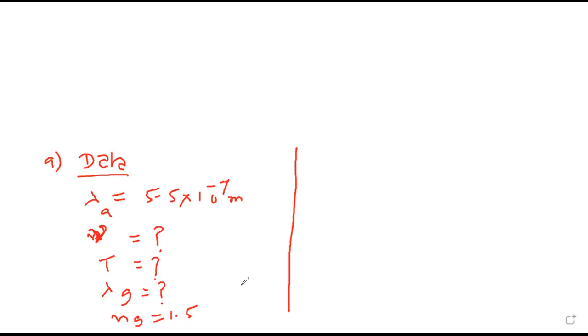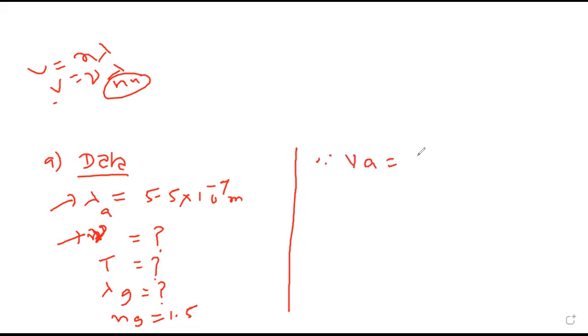See, frequency in glass or in air remains constant. Lambda in air given, they want frequency. I know speed is nu lambda, or V is nu lambda. Nu means frequency. So speed of light in air, we should remember, they will not give you. So from this nu will become V air upon lambda air.